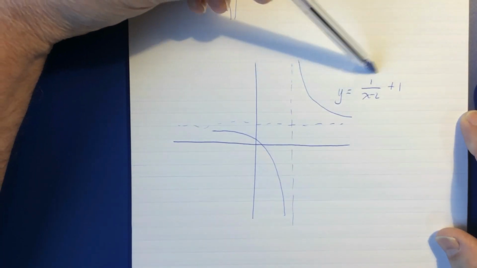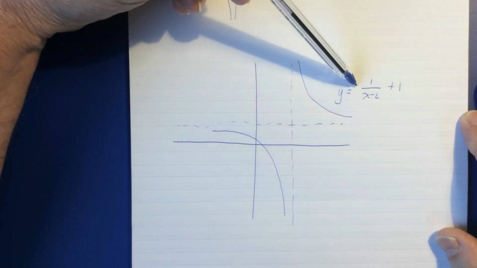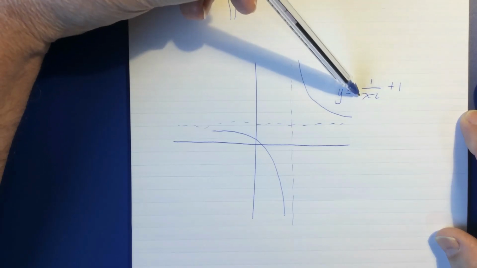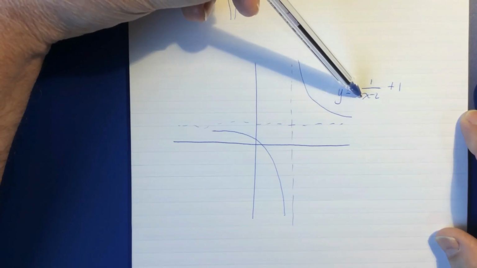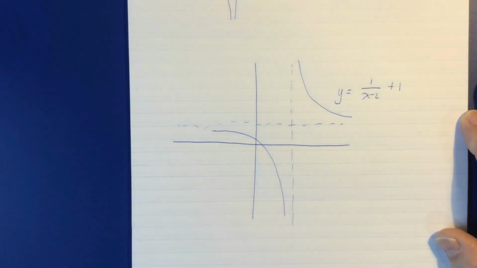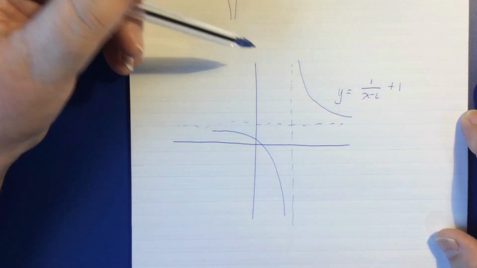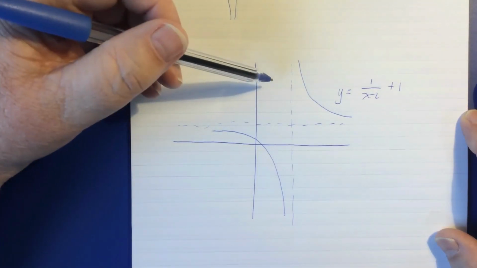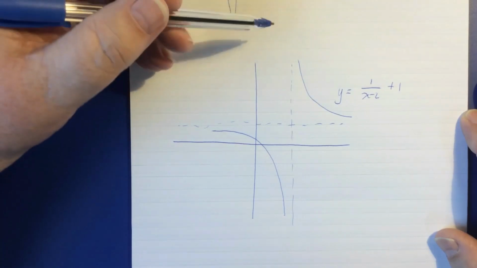So if we look at this function, what we can see, hopefully, is that if we make x equal 2, we're going to get 1 over 0. And again, I suggest you try that on your calculator and see what happens. It just won't like it. 1 over 0, forget it. You'll get an error message or some such thing.